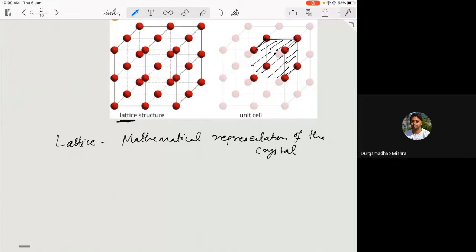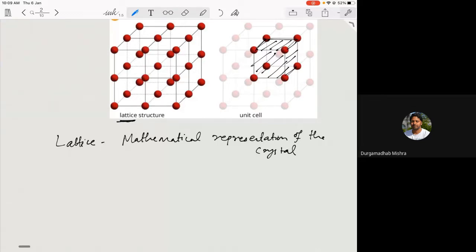That is purely a mathematical concept which is used to represent the crystal in mathematical terms. That's why you will hear a lot about it when we talk about crystals. Instead of talking about crystal structure, we say, what is the lattice structure? That means how the points can be arranged in a regular manner in 3D space.